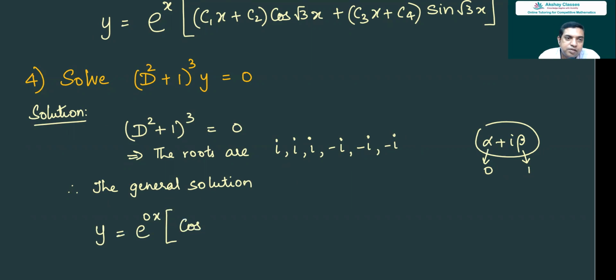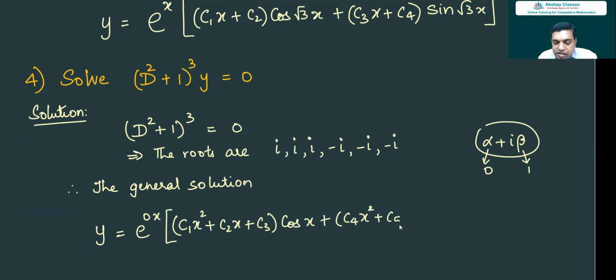Now 6 arbitrary constants you'll get: (C1 x square plus C2 x plus C3) times cos x plus (C4 x square plus C5 x plus C6) sine x. So this e power x can be replaced by 1. So we get this as the solution.